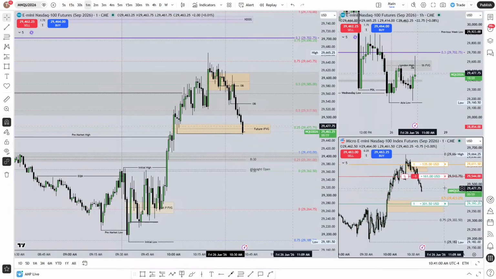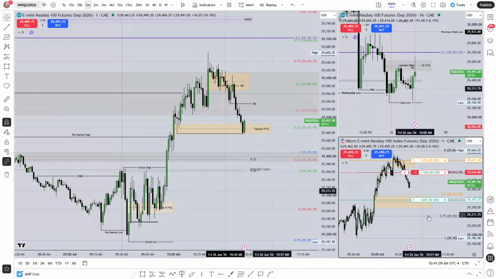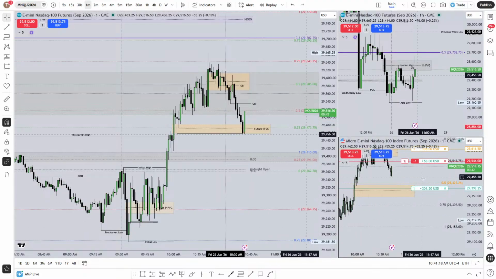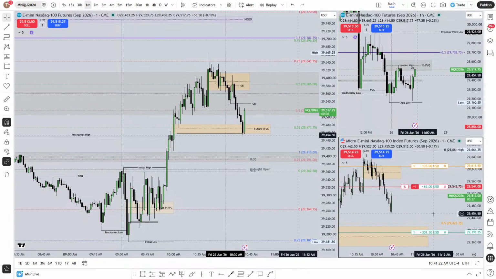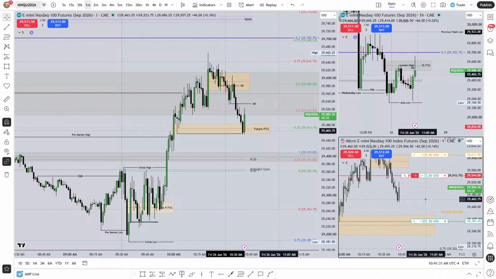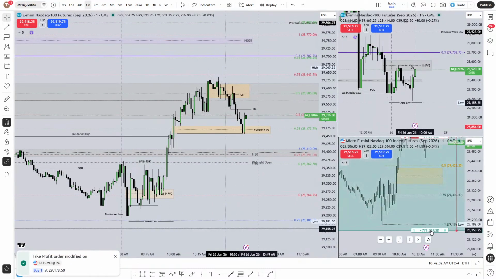Since I only have one contract on my live account, hmm, I'm going to put this bid down here, but I probably will not hold for that.